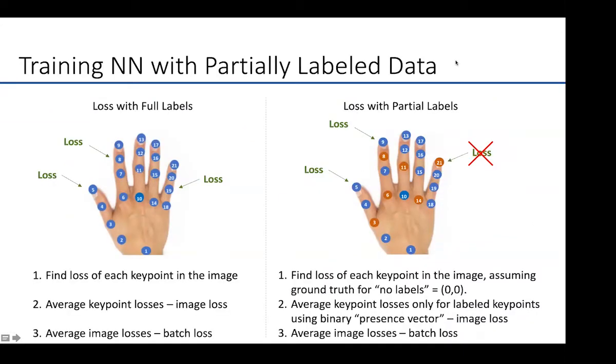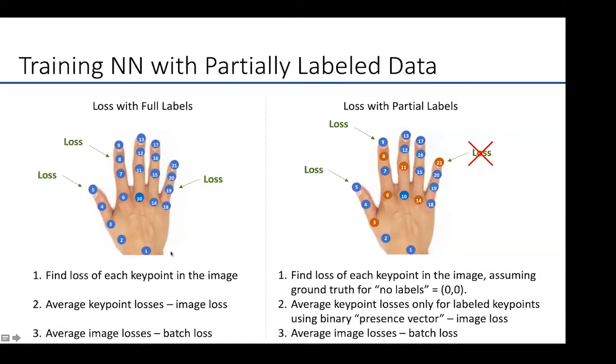A very interesting thing, which I used several times at SoftServe, is how to train when you have partially labeled data. When you have data for all the key points, first of all, you calculate the loss for every key point, comparing predictions with ground truth. Then you average losses for the image. It will be the image loss, and then you average image losses in the batch.